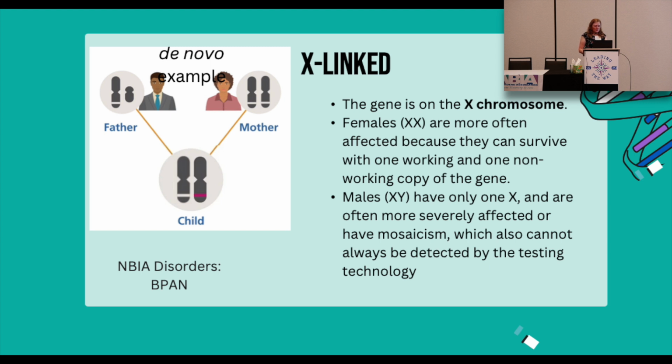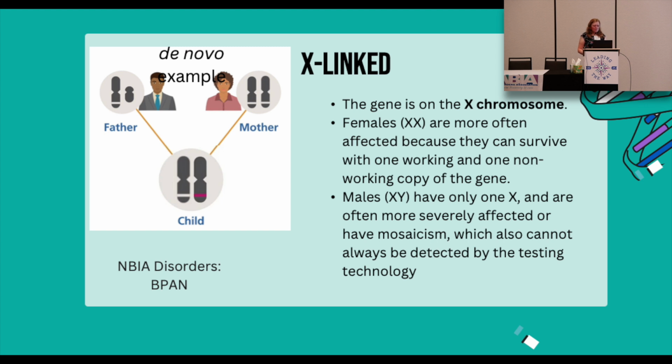And so a lot of times with X-linked conditions, females are sometimes just not affected at all, or they have very minimal symptoms because they have two X's, and it kind of makes up for it. With more severe conditions, having only one X and having the disorder is not as easily survivable, or the pregnancy does not continue to full term.